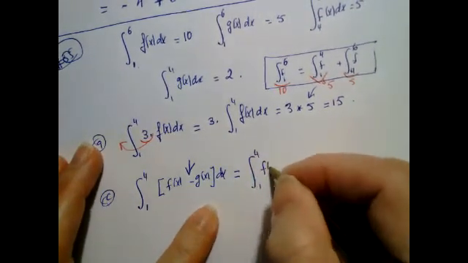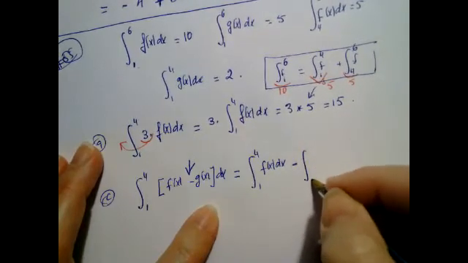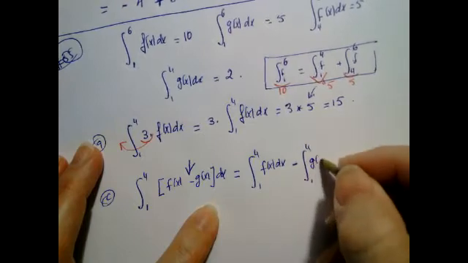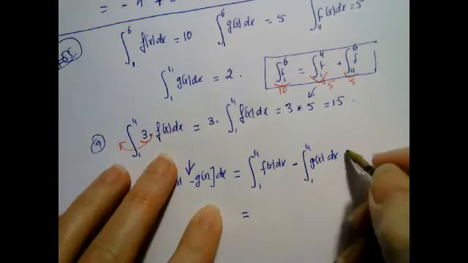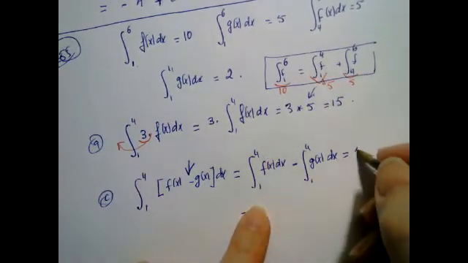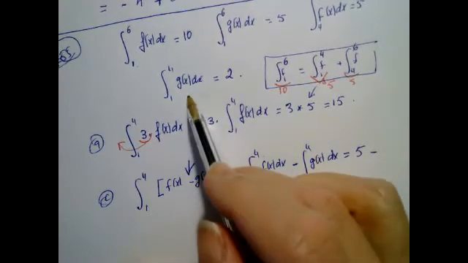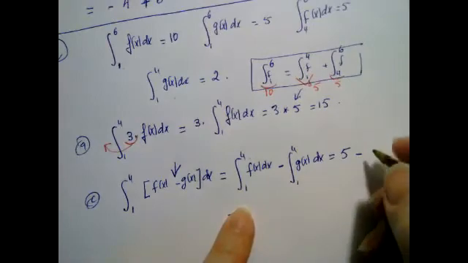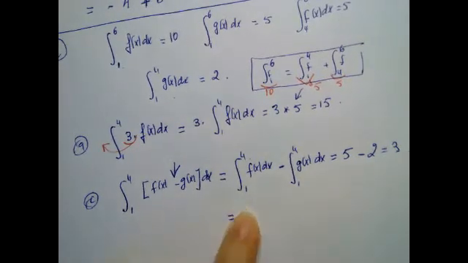So this is the integral of f of x dx minus the integral of g of x. And now I just basically pick those up from 1 to 4. We already figured it out. It's a 5. And minus from 1 to 4, the g is given to us, which is a 2, giving me a 3. Okay.